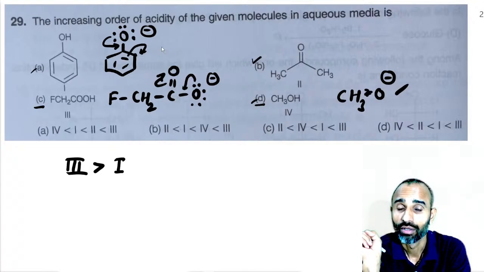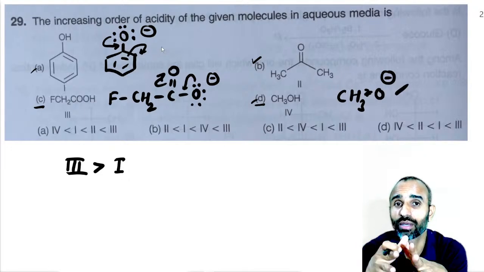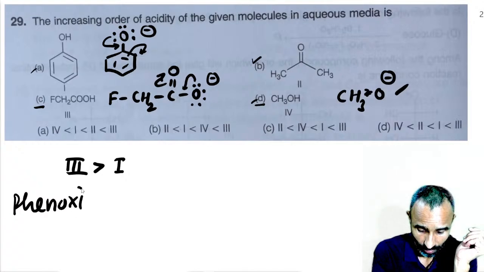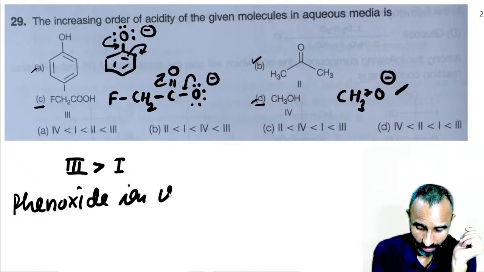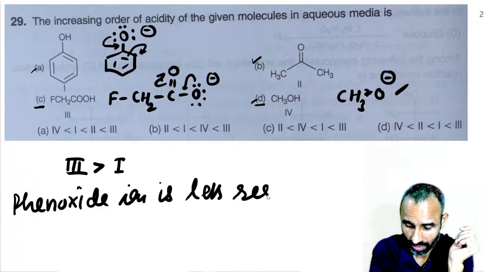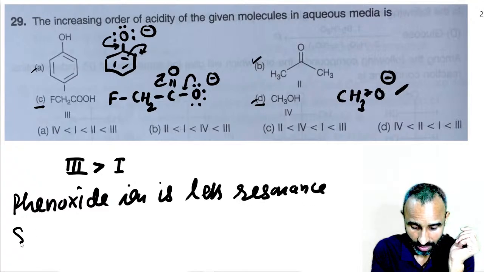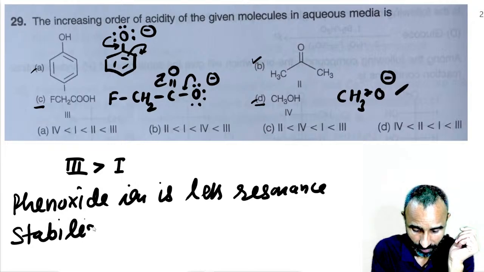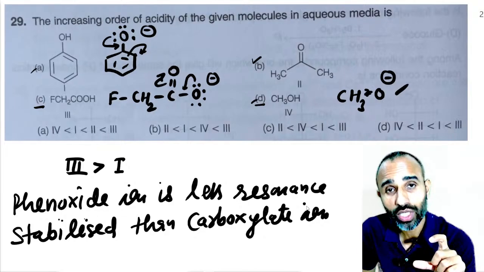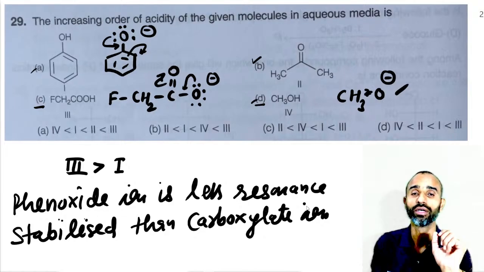That's why the phenoxide ion is less resonance stabilized than the carboxylate ion. Understood? Both are resonance stabilized, but the phenoxide ion is less resonance stabilized than the carboxylate ion, and that's why carboxylic acid is always more acidic than phenol.